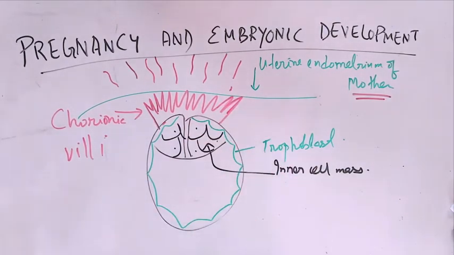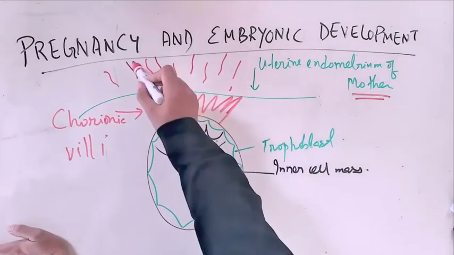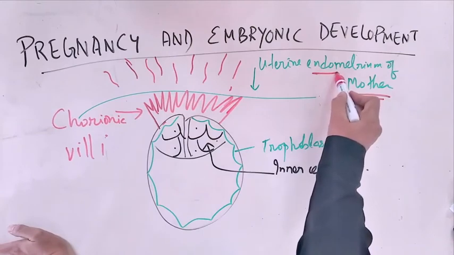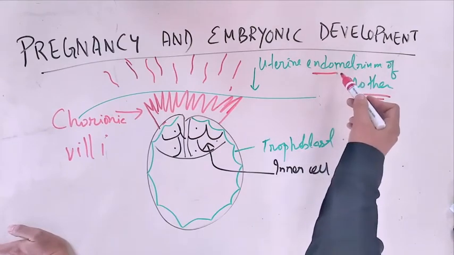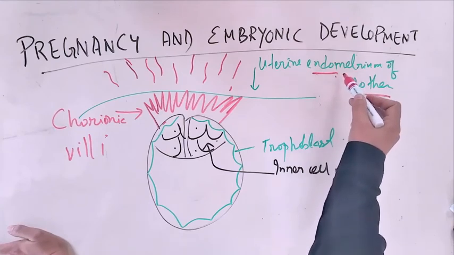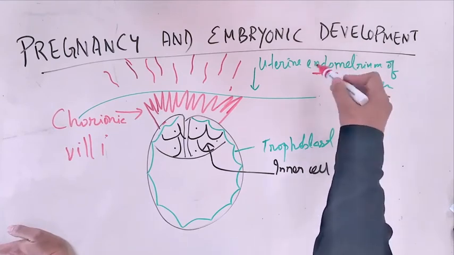And then at the same time, in the uterus there are some blood vessels. The endometrium, always don't forget, is present in the inner lining of the uterus. In the menstrual cycle, if there is no fertilization, it will come out as menses.